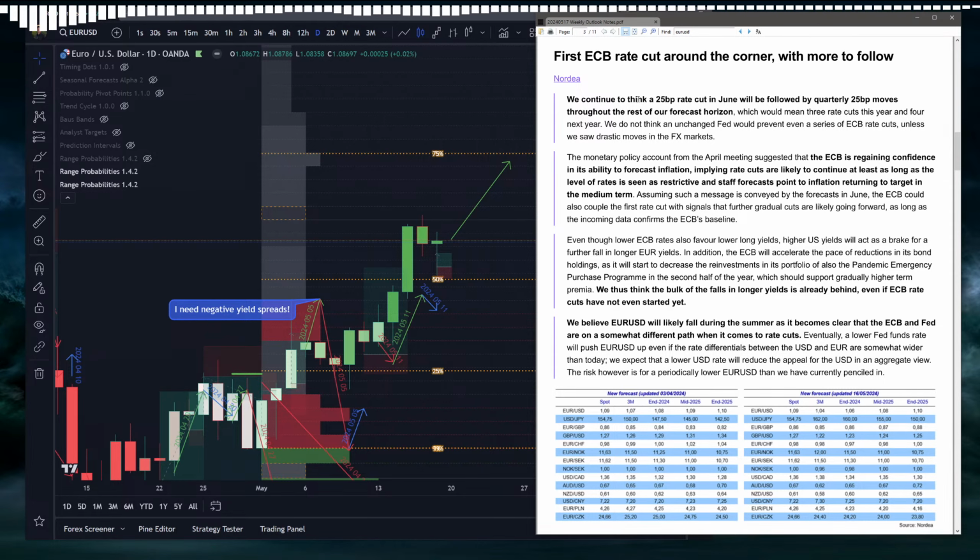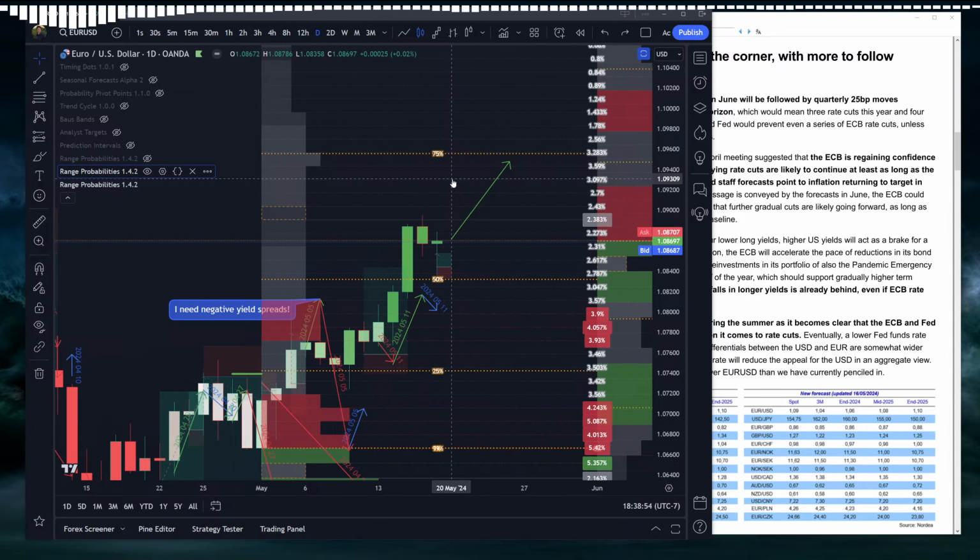So this is what I mean by, you have to look at a wide variety of outlooks and opinions and commentary, and then figure out what the time frame is that these guys are expecting these things to realize. Well, they say in the summer. Okay, so when does the summer start? Well, probably the latter half of June.